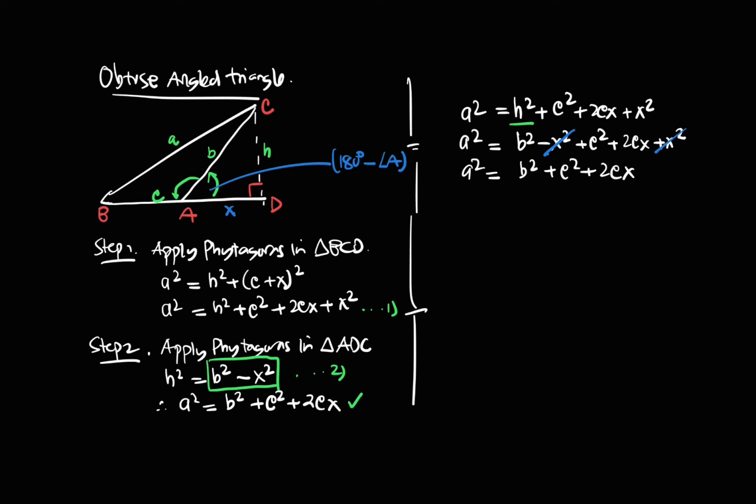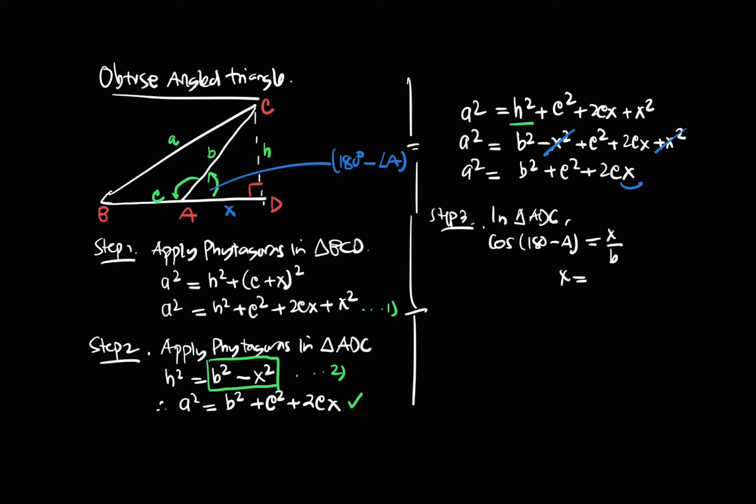Again, we can substitute this x by looking at step 3, in triangle ADC, cos of 180 minus A equals x over b.